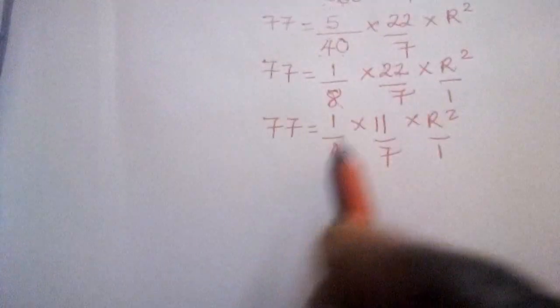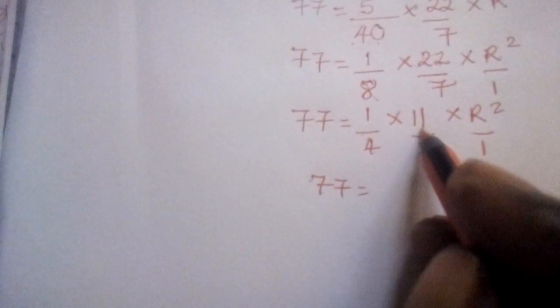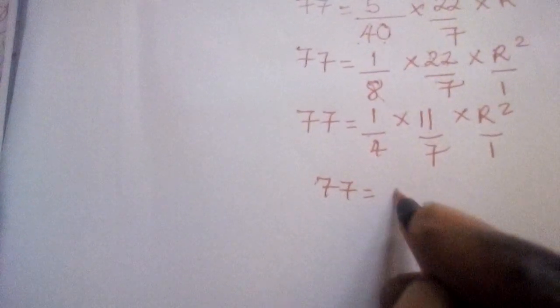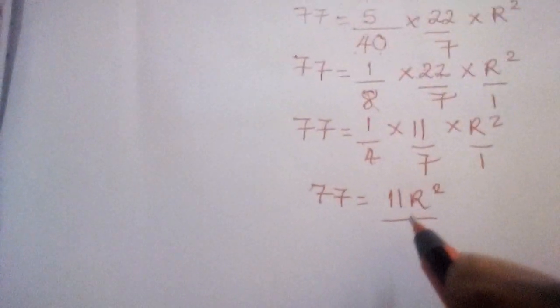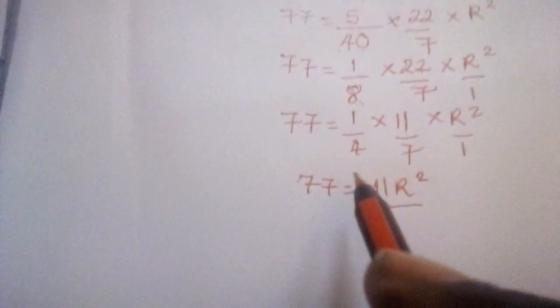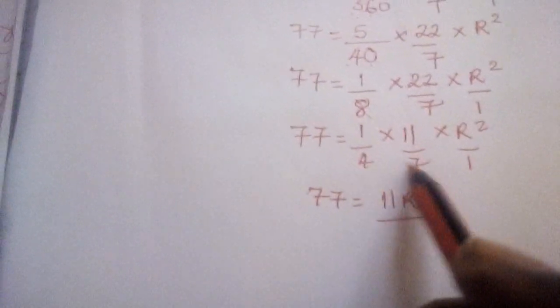Now here, this is where you get to multiply everything. So we have 77 equals to 1 times 11 times r squared. It gives us 11 r squared divided by, now because this is paper 1, for an easier answer, don't multiply the down thing.